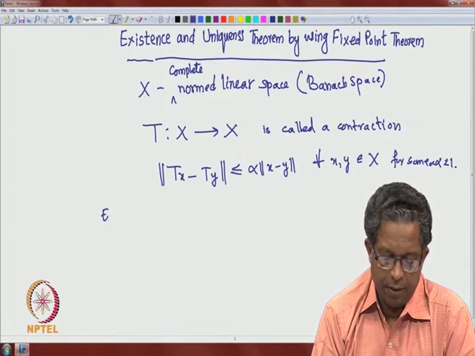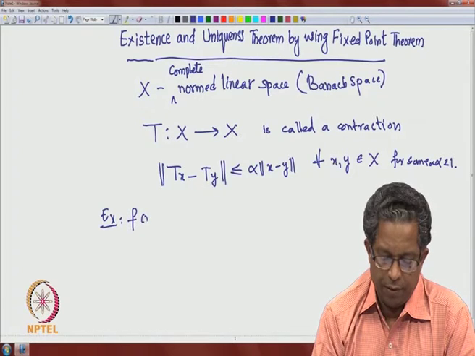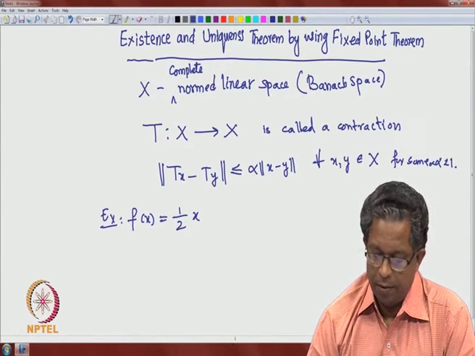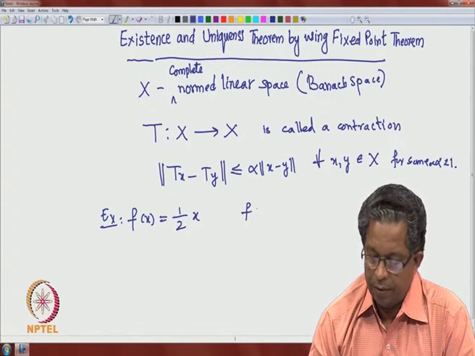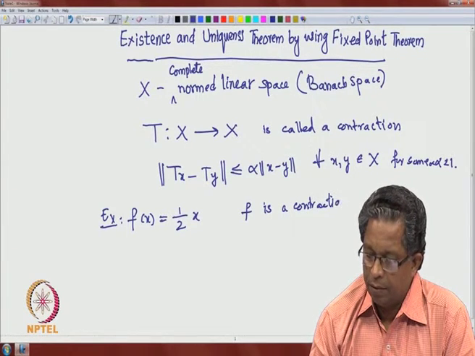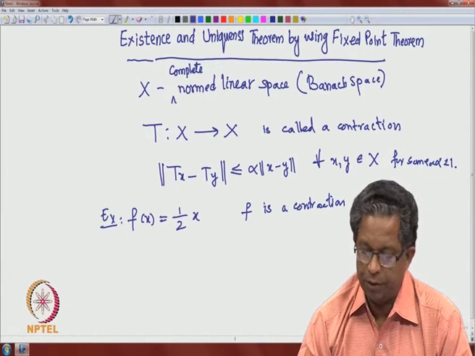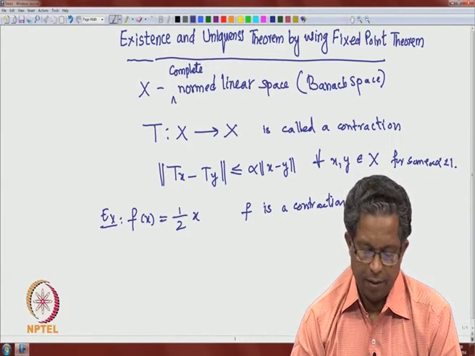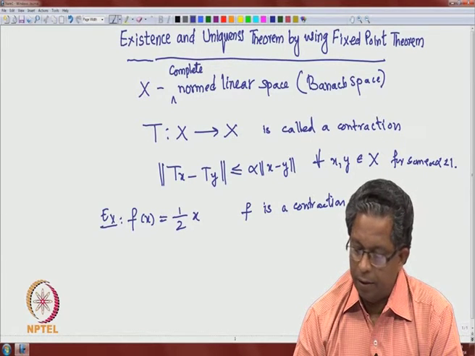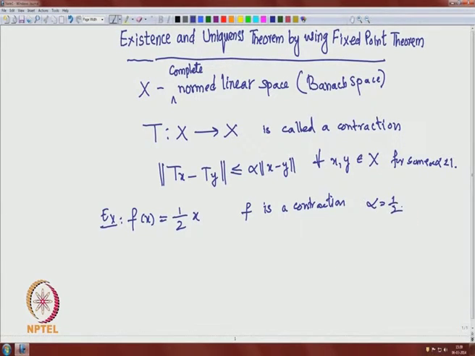Example: if f(x) is a function defined by half x, it is a linear function. So it follows easily that f is a contraction. If f is Lipschitz continuous and the Lipschitz constant is less than 1, then f is called a contraction. Here f is Lipschitz with Lipschitz constant half, so alpha is equal to half.